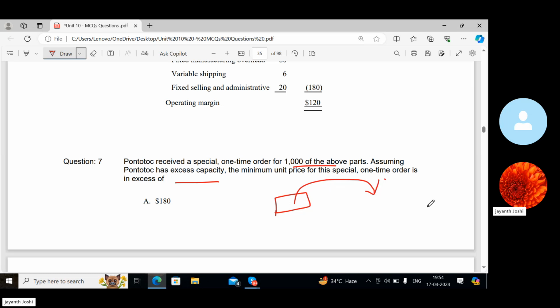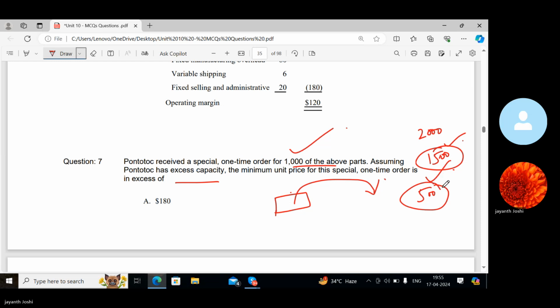For example, usually I fulfill 500 orders per month, and I have a capacity of 2000 orders. Easily 1500 orders I can take up, right?